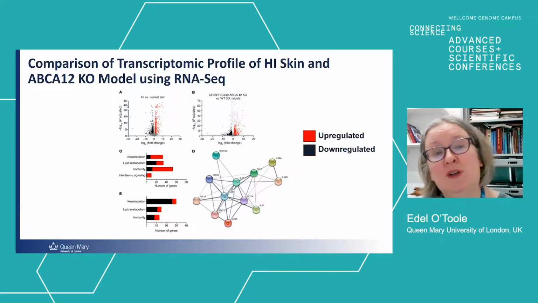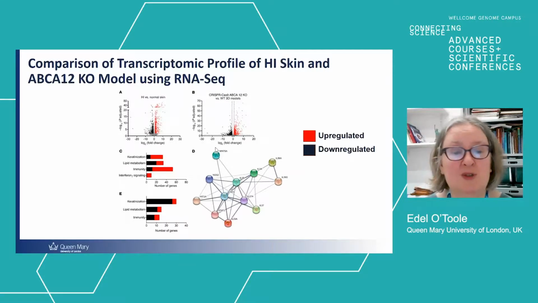So to look at the faithfulness of the model compared with Harlequin ichthyosis skin, we also used RNA sequencing of the 3D model. And we saw changes in genes, but not as many as in the Harlequin ichthyosis skin. So the top panel here is the groups of genes that were altered in the skin.